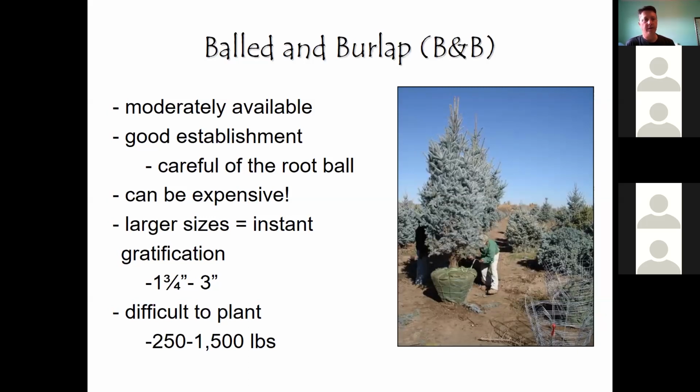That smaller trees go through less transplant shock, and what we mean by establish is that they basically start to grow again at the rate they were growing before they were moved. So that's what establishment really means, is that they've adjusted and now they're regrowing at their normal rate.